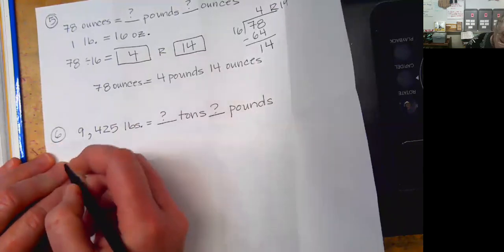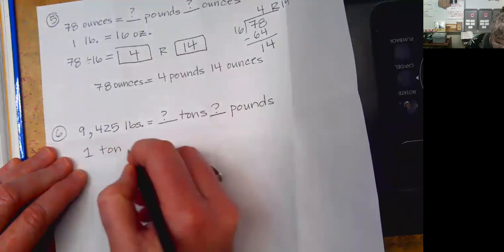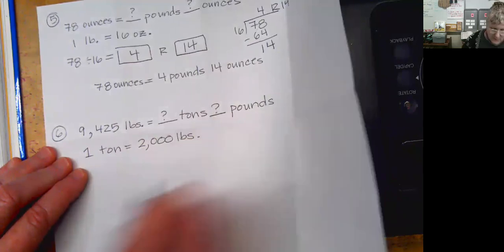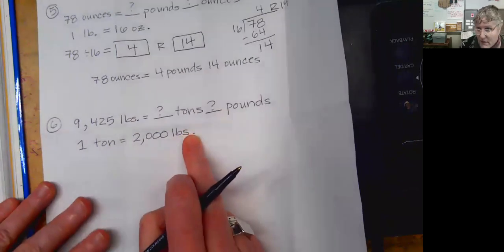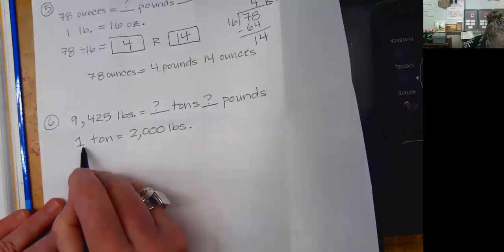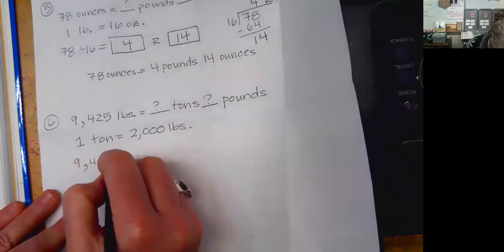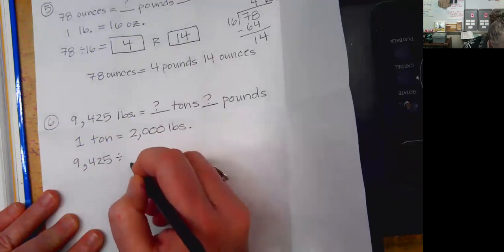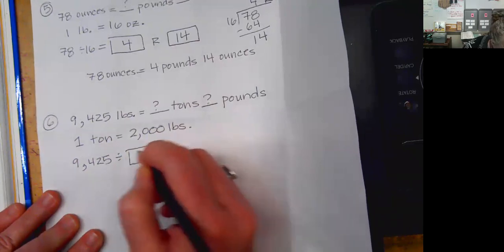And we know that 1 ton, from looking on our blue box, equals 2,000 pounds, right? So I always want to write what I know from the blue box, the conversion rate that I know. Now I know that I'm going to have 9,425 divided by 2,000, and I have my green box.